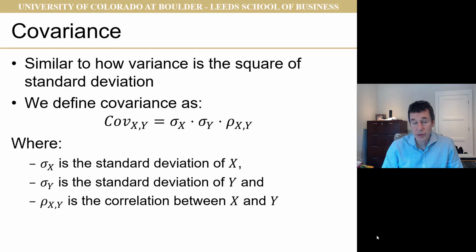We will always use covariance.s because almost always we have just a sample of a distribution rather than the entire population. So we can calculate covariance in two different ways. We can either use the Excel function directly, covariance, or we can calculate the standard deviations and then the correlation.